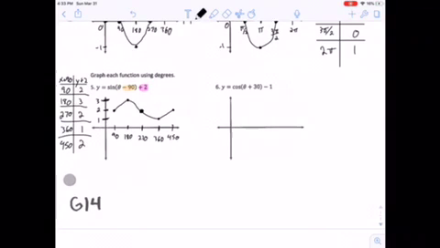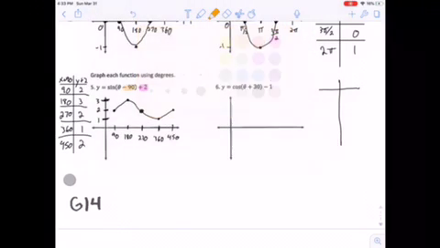Okay, now we have number 6 with the cosine. And again with our table, let's do some analysis here. This number here means we're subtracting 30 from x. And this number right here means we are subtracting 1 from the y's.